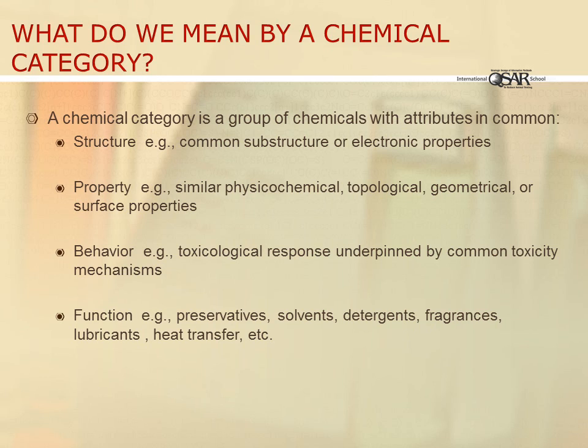We might group chemicals by behavior, and in this case you could group chemicals by carcinogenicity, but in general what we have tried to emphasize in the foregoing discussion has been that if we group chemicals based on common toxicological behavior, that we should also be focusing on common toxicity mechanisms or pathways as well.